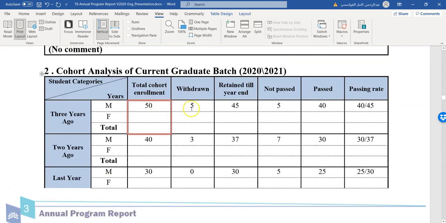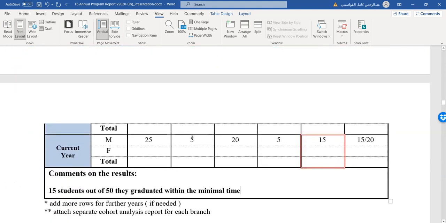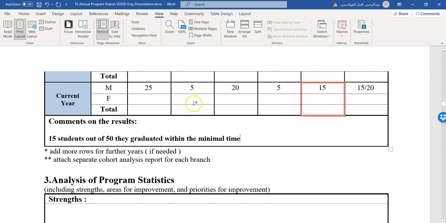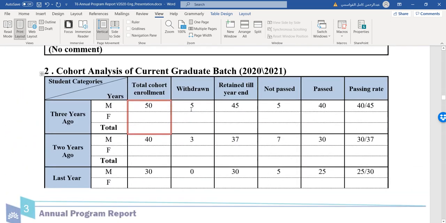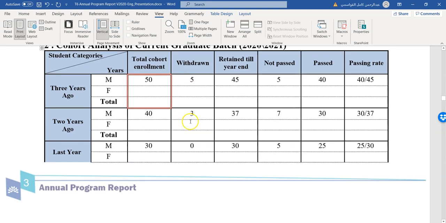From 50 I have 5, 3, 8 and 5, 13 students they withdrawn, 13 students, which means 13 out of 50 they withdrawn from the program with about 26%.